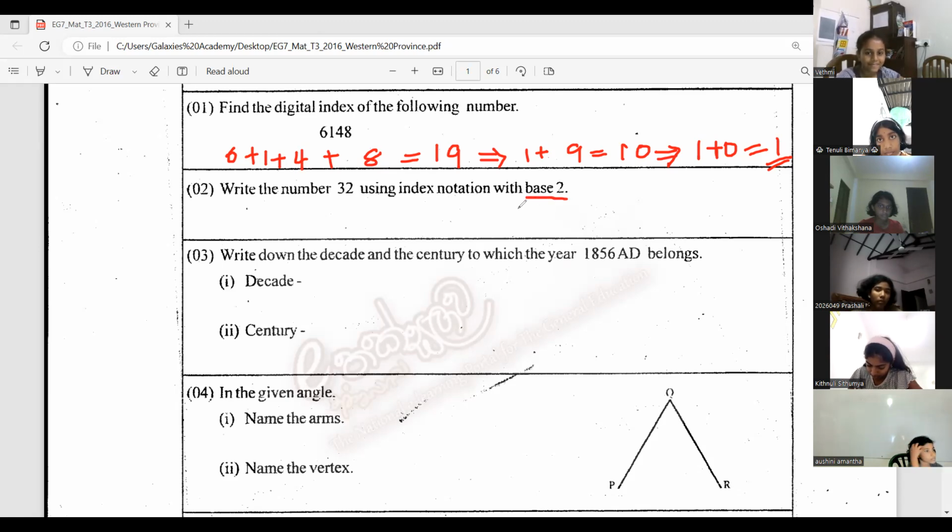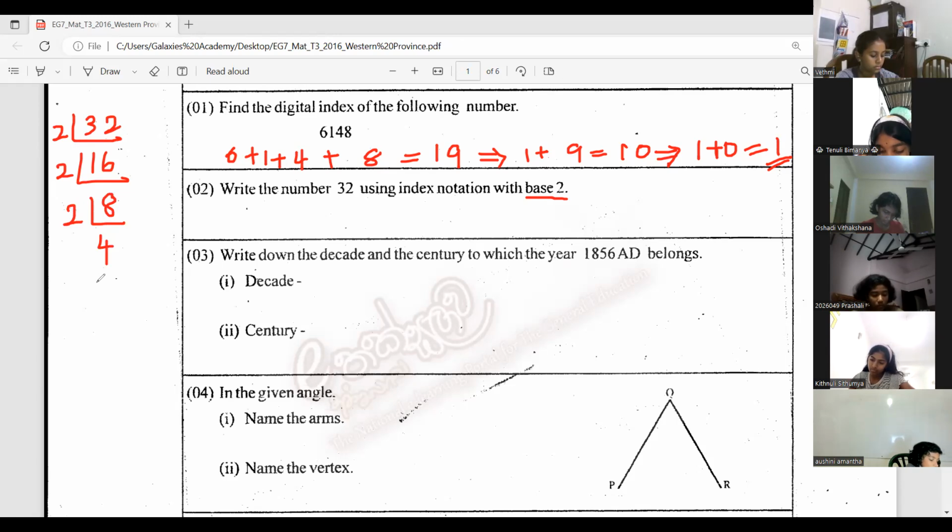That means you have to write it as 2 to the power of some value. 32, you have to divide by 2 until you receive 1. 32 divided by 2 is 16. 16 divided by 2 is 8. 8 divided by 2 is 4. 4 divided by 2 is 2. 2 divided by 2 is 1.